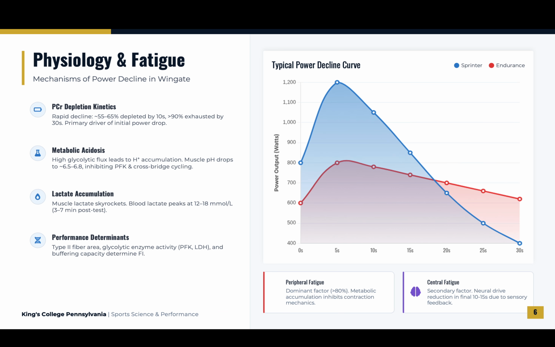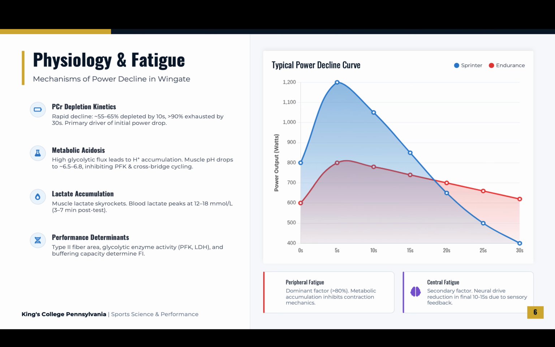The physiology and fatigue mechanisms of power decline in the Wingate start with PCr depletion kinetics, because there's a rapid decline, with 55 to 65% of the PCr depleted by 10 seconds, and more than 90% at the end. This is the primary driver of the initial power drop. Then metabolic acidosis: high glycolytic flux leads to hydrogen ion accumulation.